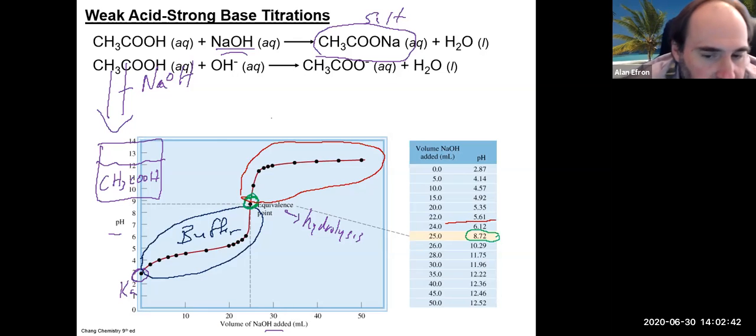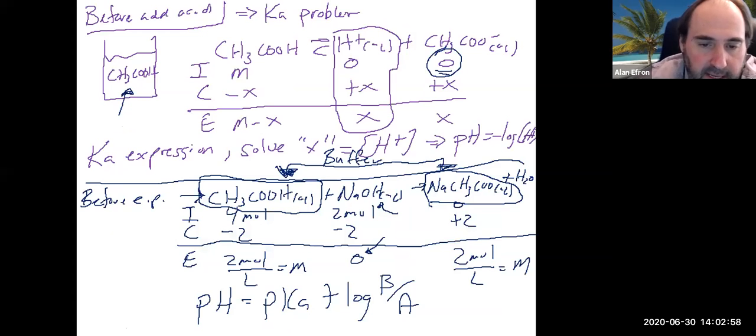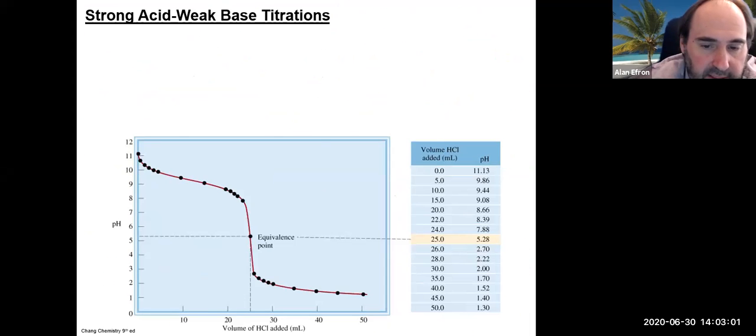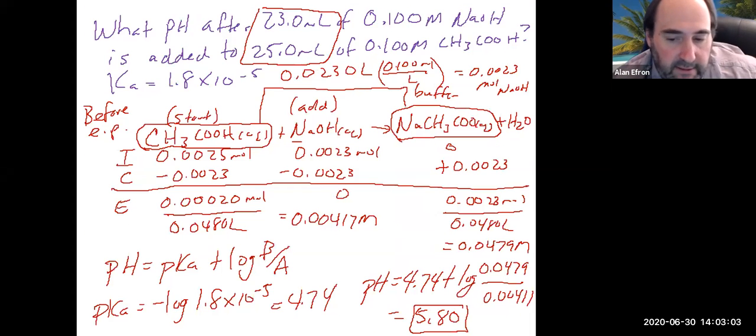We came in at 5.8, which is between 5.6 and 6.12. So we are good. We are just before the equivalence point, kind of like where we're rising in this area here. I would think we're somewhere about that area. Any questions on that particular calculation or how we got those numbers?